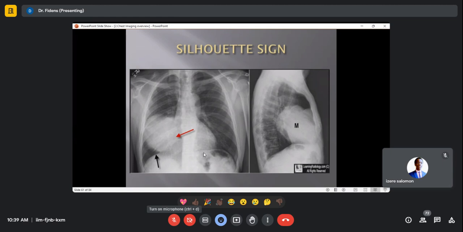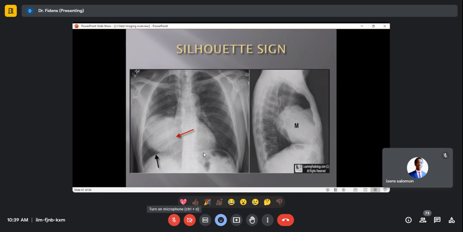In the case of, for example, cardiomegaly, we have only the heart which is enlarged, and there is no other opacity around, even though you can't see the clear margin of the heart. During the CVS lecture, we saw that in that case we have only an enlarged heart, but no other opacity around it.